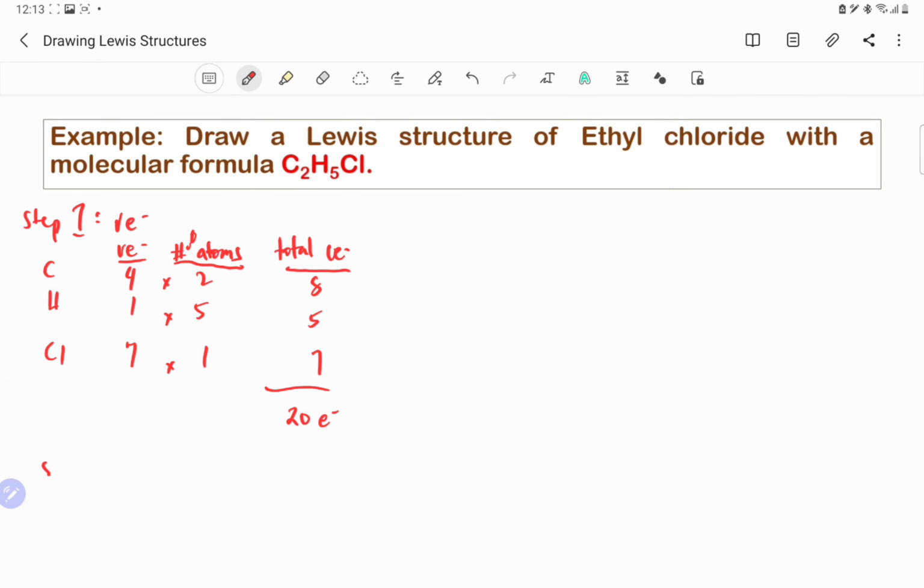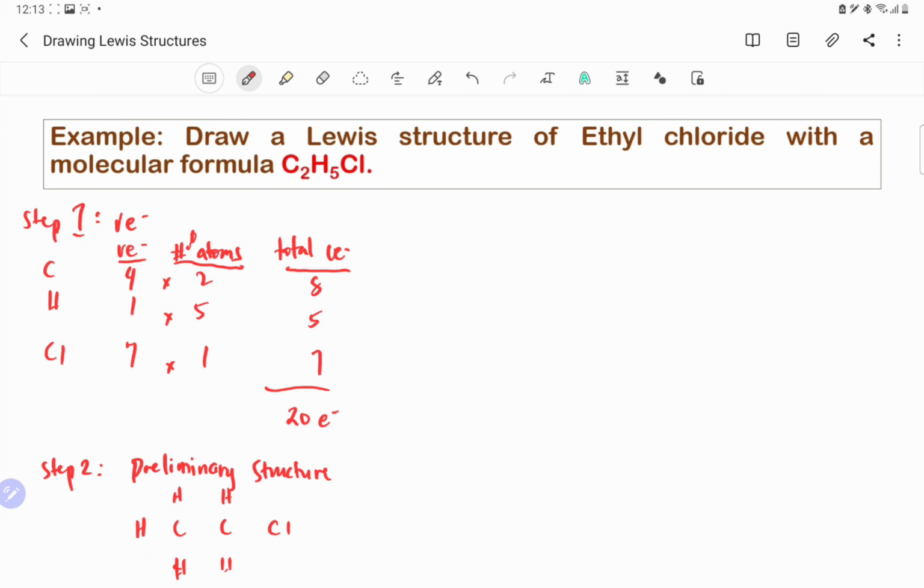Okay. So step 2 is that you need to draw a preliminary structure that is highly symmetrical. You need to think of the most symmetrical pattern in your mind. So in this case, the most symmetrical description looks like this.